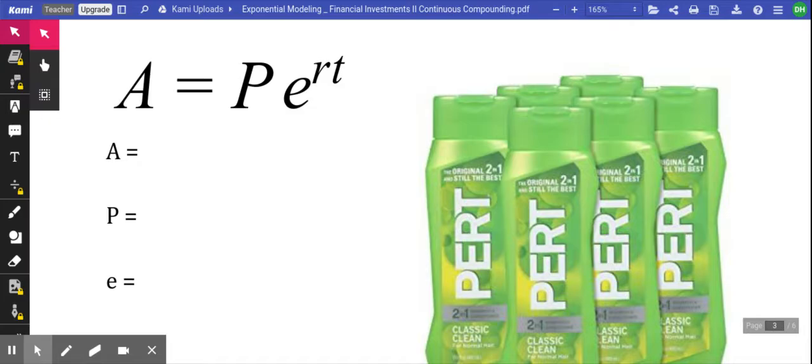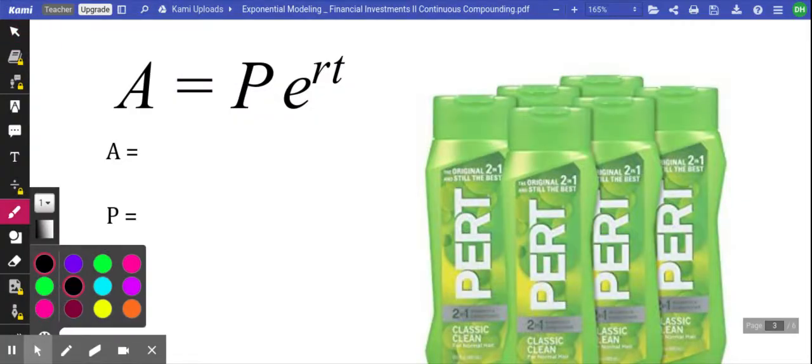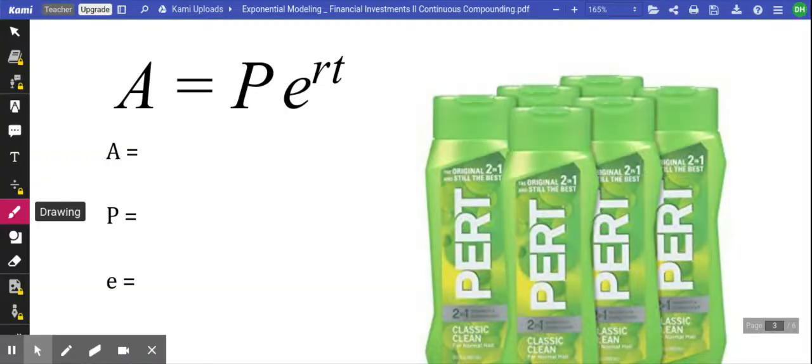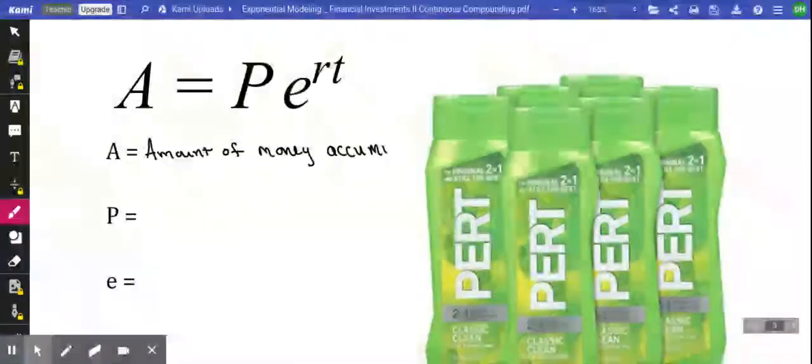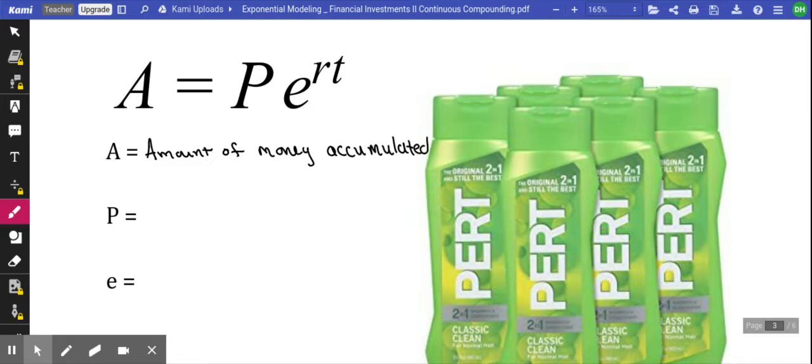So the A and the P are exactly the same as what they were. A is the amount of money accumulated after T years. I said accrued earlier.